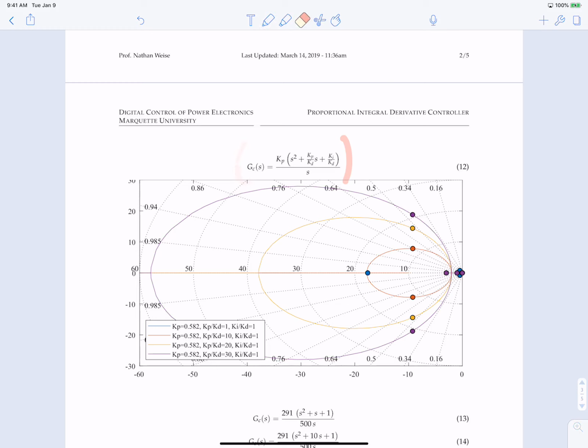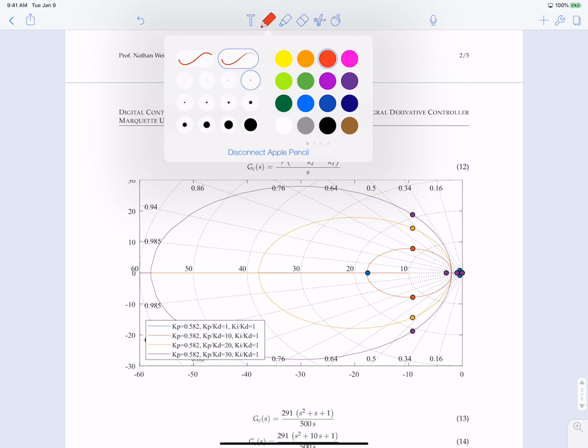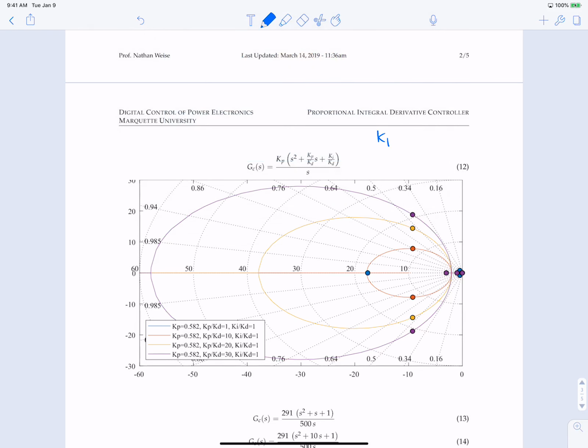So how I did this is I started off with fixing Kp to be 0.582. This is going to be for the blue line, so I should probably write this in blue. I fixed this to be 0.582. And then what I did is I also fixed the ratio Kp by Kd to be 1 and Ki by Kd to be 1.